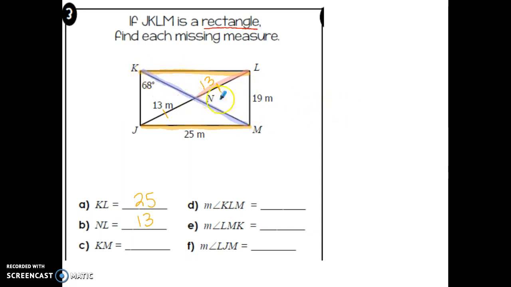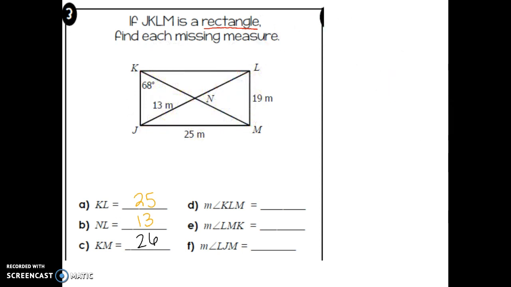So usually we would see that we do not have any numbers on the diagonal, but it's fine because we do know that for rectangles these two are congruent. So whatever this measures, this is going to measure the exact same thing. So I do know this is 13. I know this is also 13. So altogether that should give me 26. Remember, this is for rectangles, so don't try this with, for example, a rhombi.